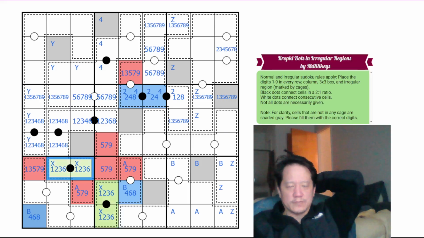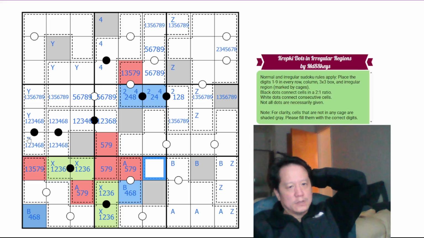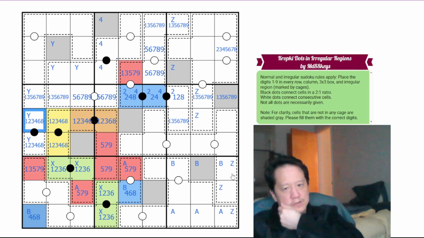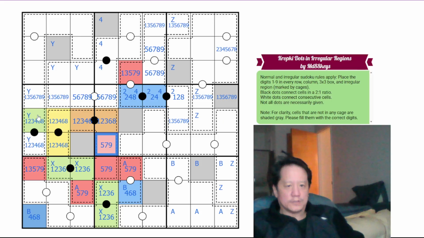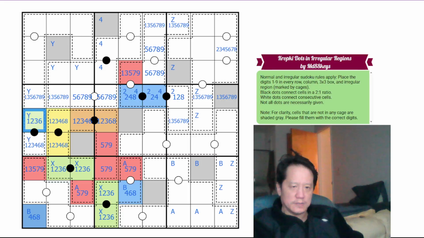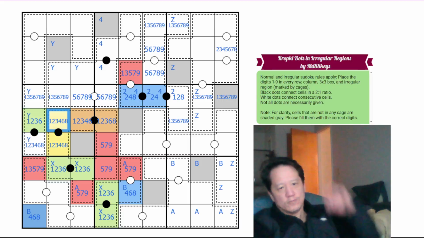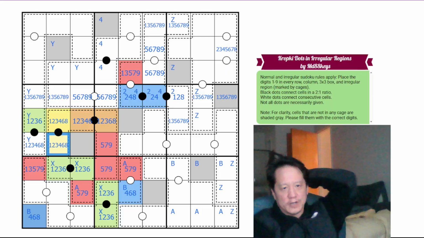These are the same ones. We'll mark this as yellow, and we'll mark this as orange. Okay, so one of these is green. So this cannot be 4 or 8, because it sees one of these is a 4-8 pair, and it sees both of those cells.